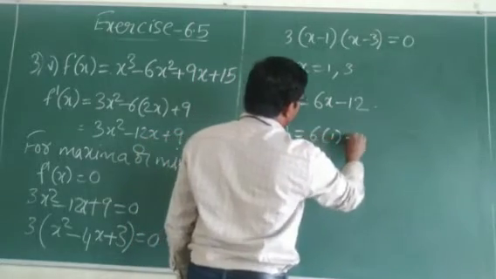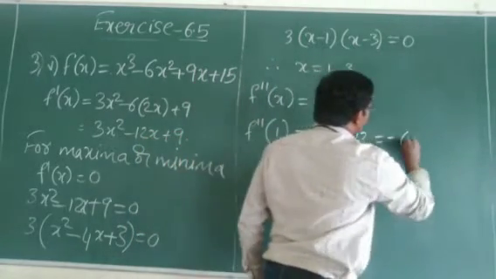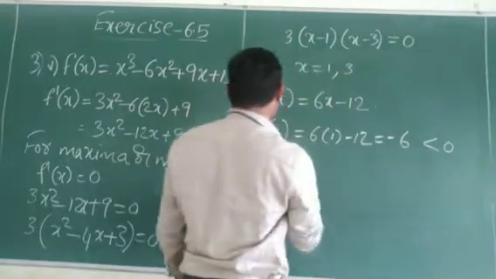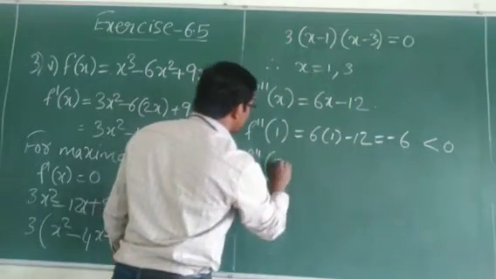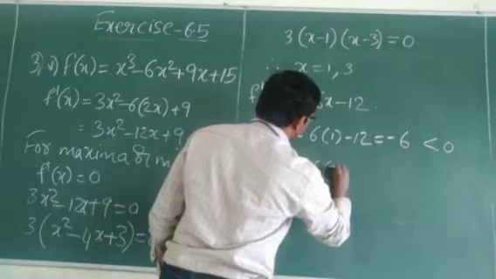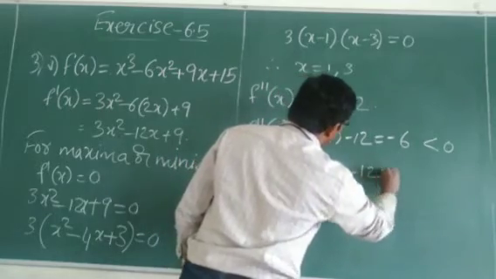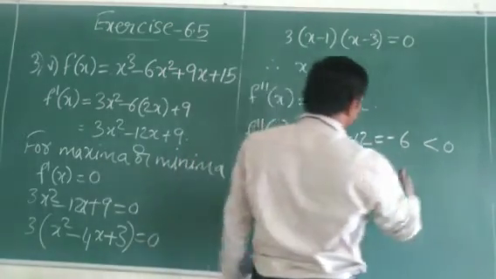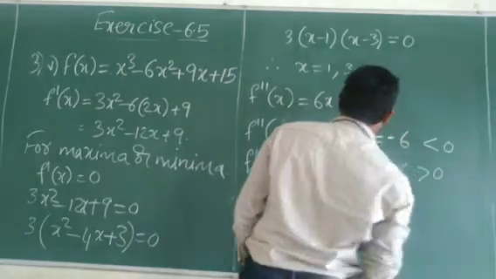6 into 1 minus 12 is equal to minus 6, which is less than 0. And the second derivative at point 3 is 6 into 3 minus 12, that is 18 minus 12, 6, which is greater than 0.